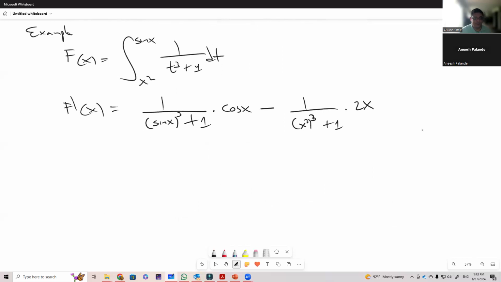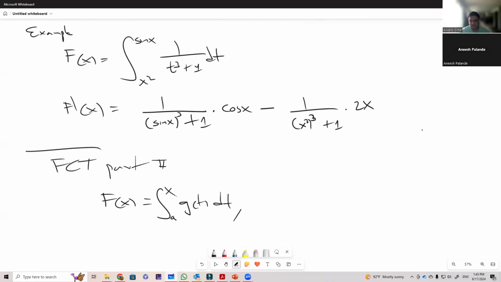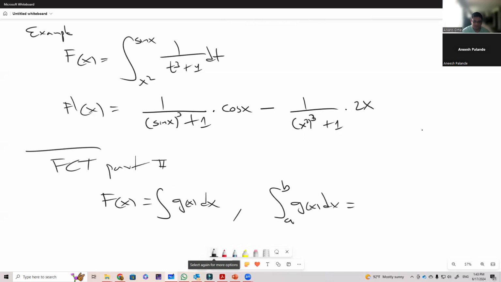What else? The second part of the fundamental theorem of calculus is that if you already have f of x as the integral from a to x of g of t dt, and you have g without limits, then if you want to find the integral from a to b of g of x, that's just going to be f of b minus f of a.